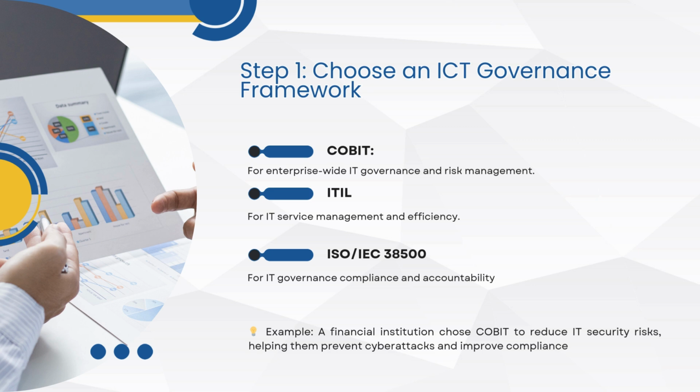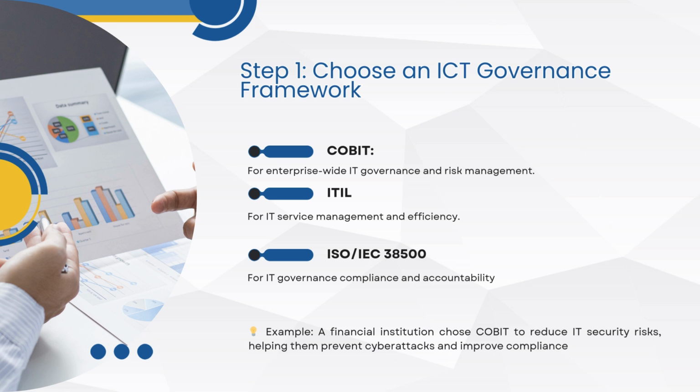We go into detail on step one, choose an ICT governance framework. The first step is choosing the right ICT governance framework. There is no one size fits all approach, so organizations must pick a framework based on their needs. Common ICT governance frameworks: COBIT is best for enterprise-wide governance and risk management.